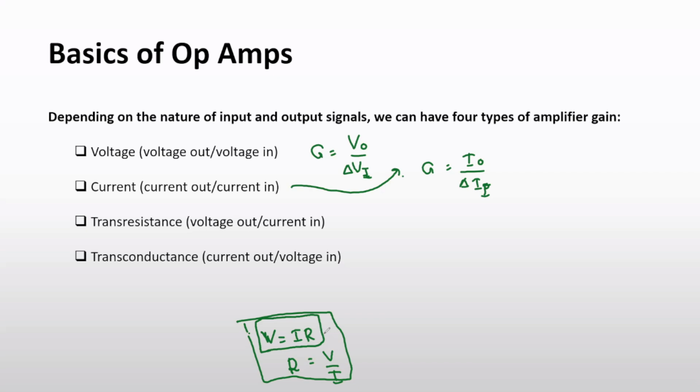So therefore, we cannot apply Ohm's law, but for the connectors and connecting wires which are connected externally to these op amps, we can use Ohm's law when you are doing your problems.